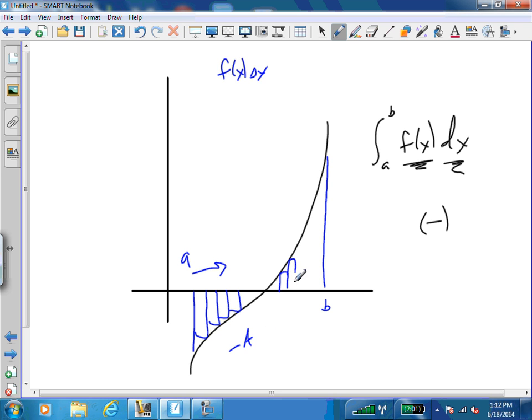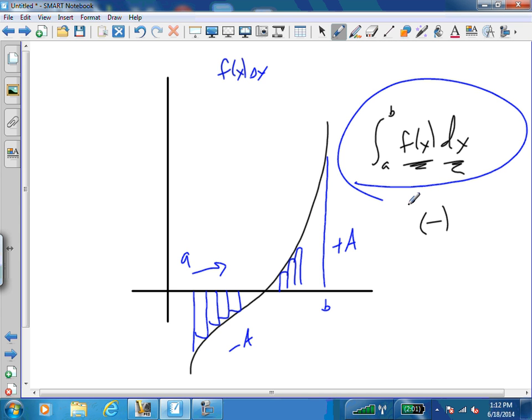Some of those are going to be positive areas. And if we just add those up, some of these negatives are going to cancel with some of those positives. So the value that we get for that definite integral is not actually even going to be remotely close to what the area is if we consider our area this area plus this area.